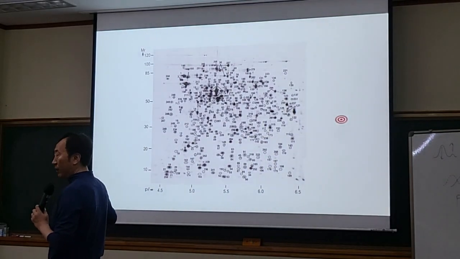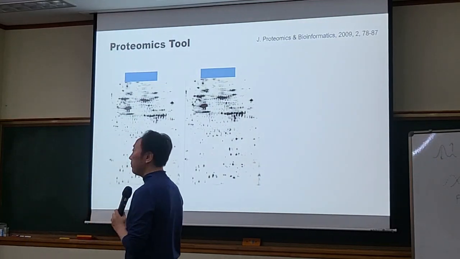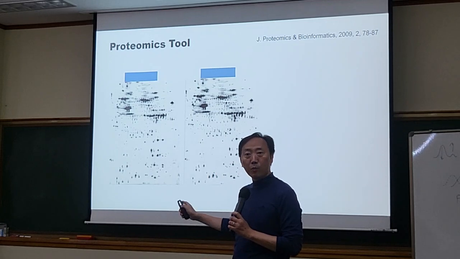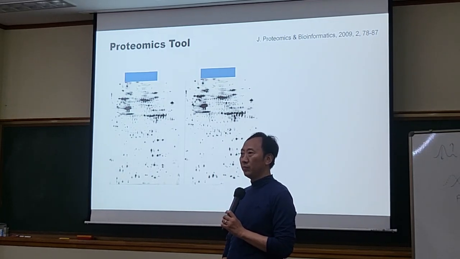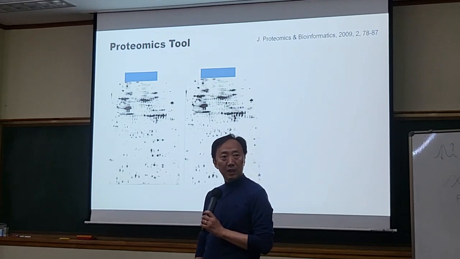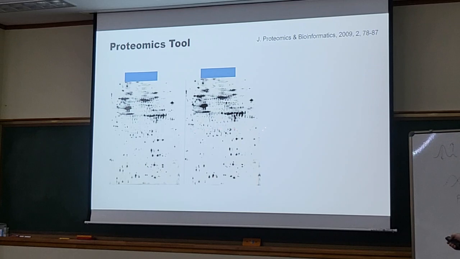Looks complicated, right? And this is a real example. This is T cell and B cell. Can you find out which protein is overexpressed in one type of cell? Not easy. If you have keen eyes, you can find something. This is both of them. Oh, here. Looks like this protein is only here.